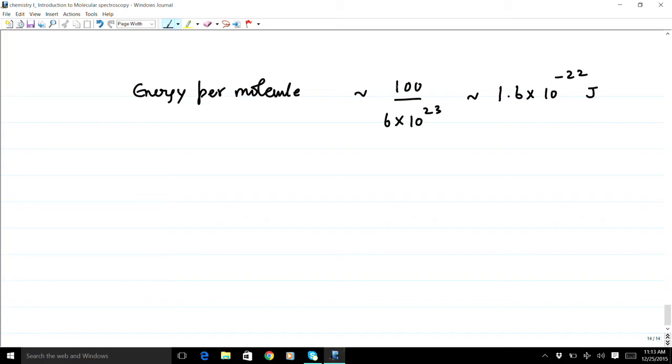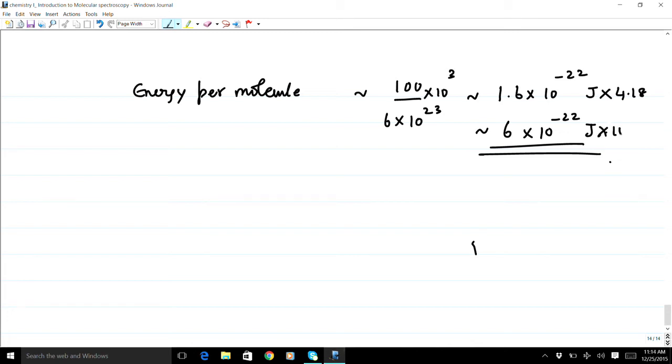This is kilocalories multiplied by 4.18, so approximately 6 into 10 to the minus 22 joules. Oh, there is also an order of magnitude missing: it is 100 kilocalories, therefore you multiply this by 10 to the 3. So, you get about 10 to the minus 19 joules.